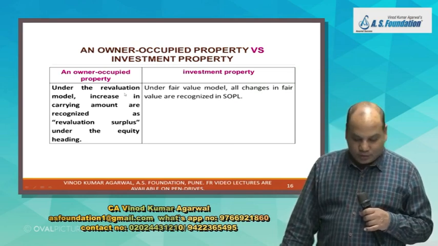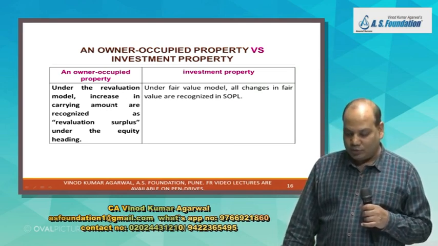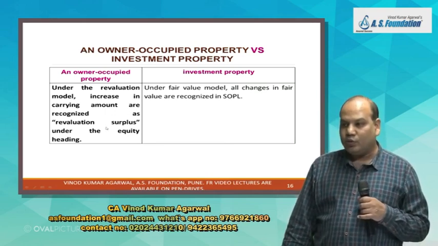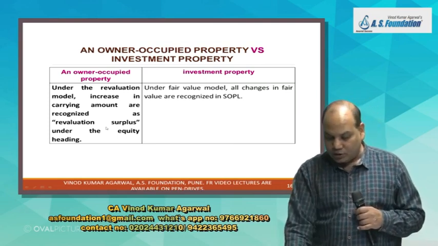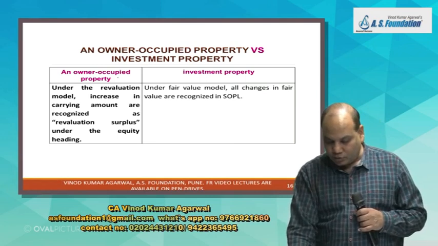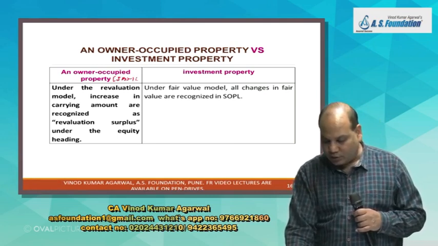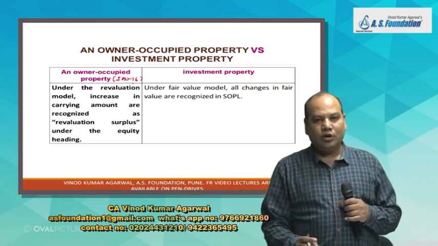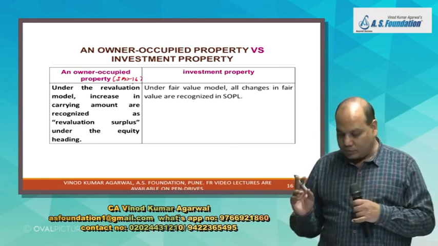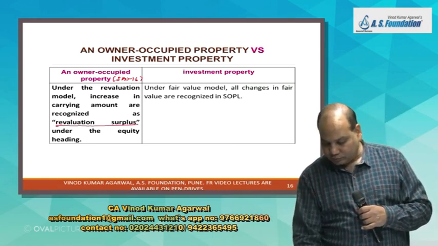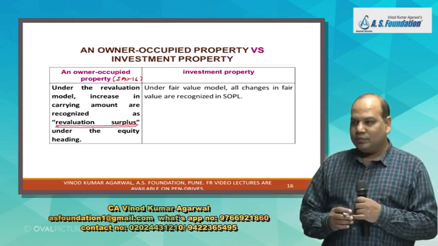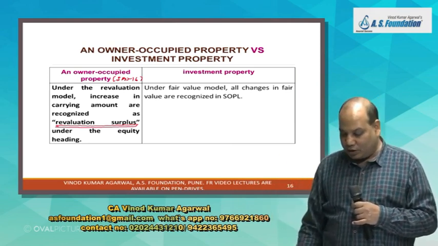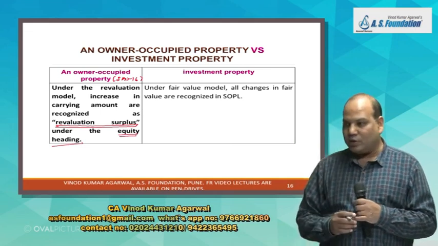Point number 5. Under the revaluation model, which we'll discuss after some time, increases in carrying amount are recognized as revaluation surplus. Now this we will discuss later. Also understand, if it is owner occupied property, IAS 16 will apply. And if you are following the revaluation model, meaning you are trying to bring the book value close to the fair value, the change in fair value, if positive, meaning appreciation, will be carried to the revaluation surplus account in the OCI and then in the statement of changes in equity.